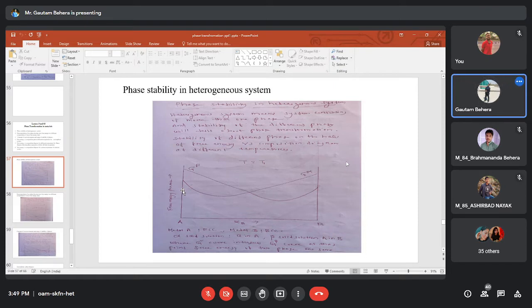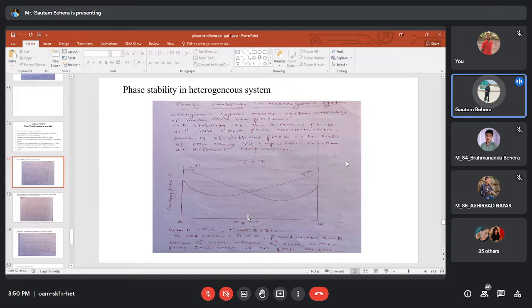Just have a note. Suppose this is the free energy of alpha, which is also the free energy of beta. Both are the same. And this is the composition, for example. You have to remember, whenever this kind of situation arises, the composition will not remain the same.